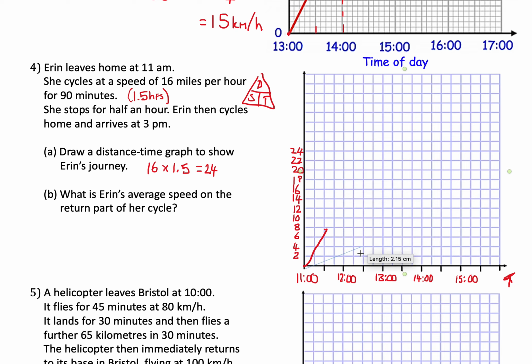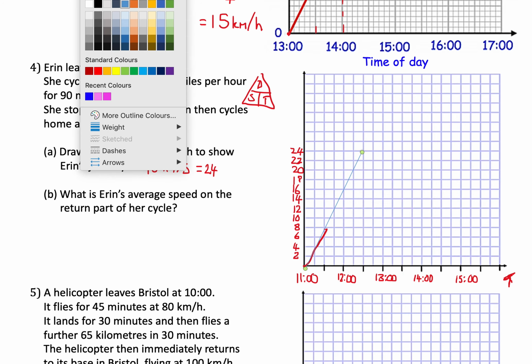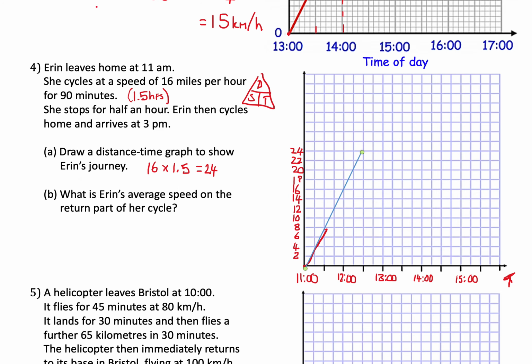So an hour and a half, that'll be 12:30. We have then covered 24 miles. It's not going to let me do this perfectly, so you just have to bear with. Okay.